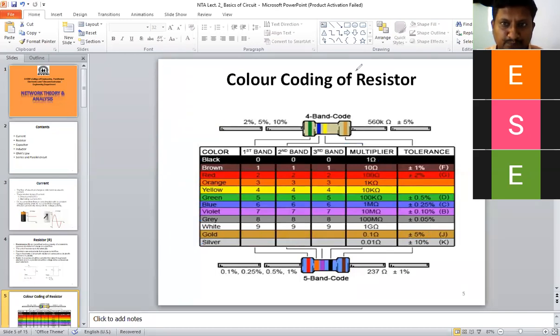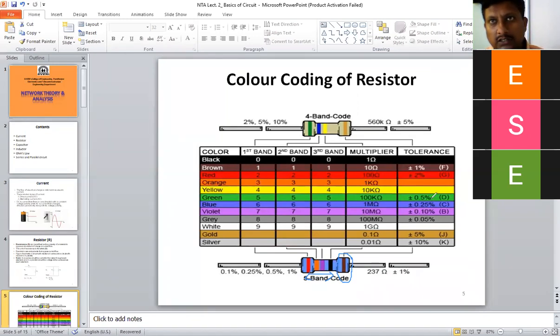Similarly, if you are observing the 5 band, what is the difference between 4 band and 5 band? One band is increasing, and the 4 bands are closer to each other, and the fifth one is the tolerance band, which is away from those 4 bands. Here first, second, third: the first 3 bands give any 3 numbers like 9, 9, 9 or 6, 7, 7, then the fourth band is the multiplier and the fifth band is the tolerance.